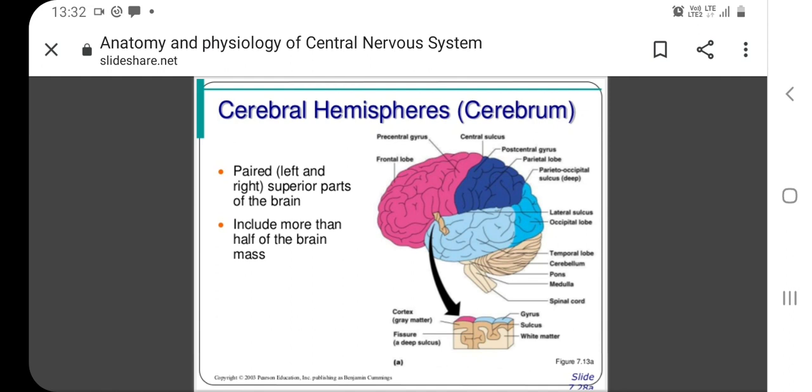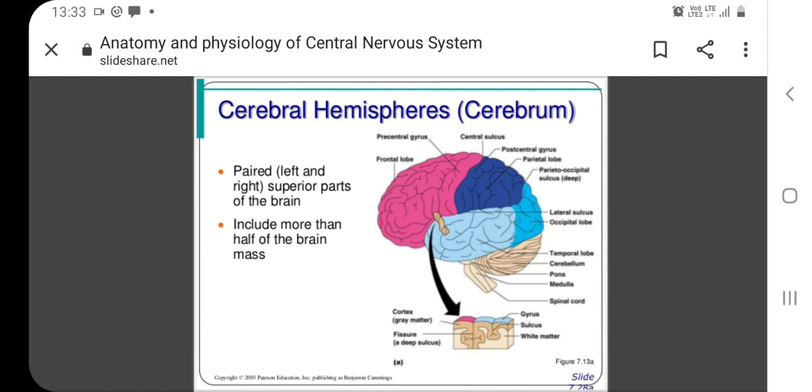Each cortical hemisphere contains regions called lobes that are involved in different functions. Like I have told you, the frontal lobe, parietal lobe, occipital lobe, likewise. So these specific regions or lobes in the cortical hemisphere are said to perform specific functions.